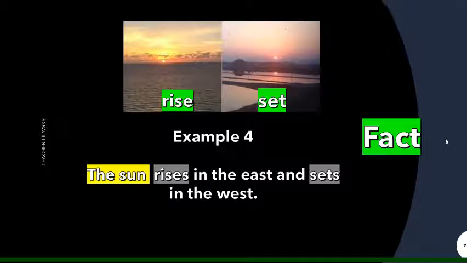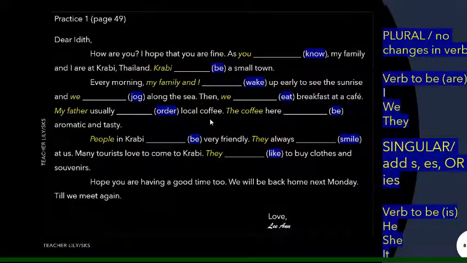The sun only rises in the east, and it will set in the west. It's not vice versa. The sun cannot rise from the west. It must rise from the east. Next we look at the practice on page 49 in your English textbook.